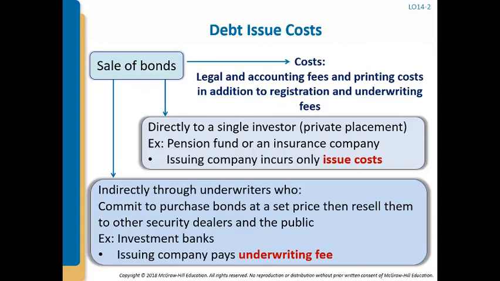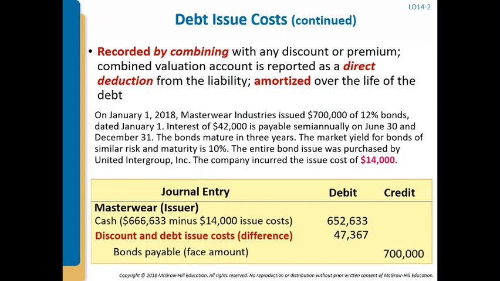If you have debt issue costs, you add those to the amount of the amortization. Simple as that. And so here we have an example where you've got an issue cost of 14,000.